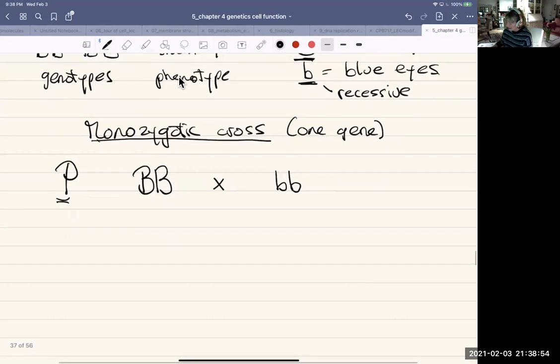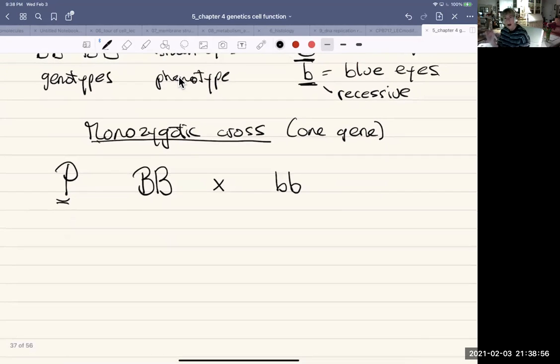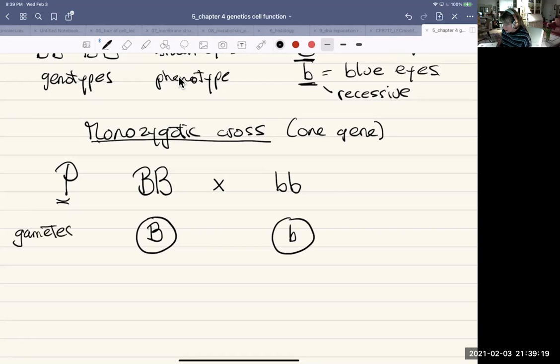So the first thing we want to ask, what are the possible gametes these individuals can make? Well, this individual only has one type of allele, so the gametes will only have that one. This individual also just has one. So these are the gametes, and I always like to draw it out because it makes more sense to me.